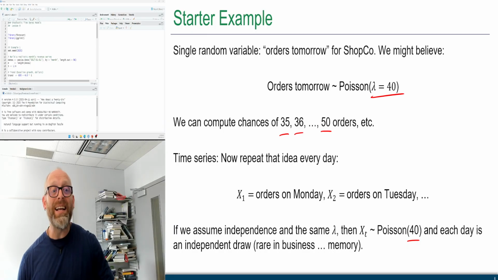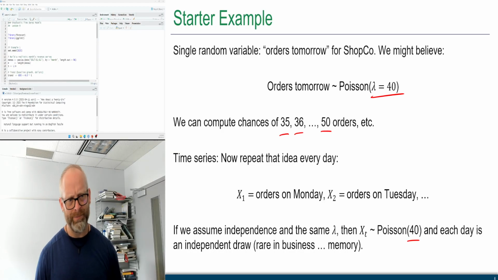And each day is independent. If we're talking about independent, we're talking about there is no memory being carried over from time to time. Each one is just completely independent of the other. But again, this is rare in business. There is memory that is carried over from period to period. We just need to be able to capture that.